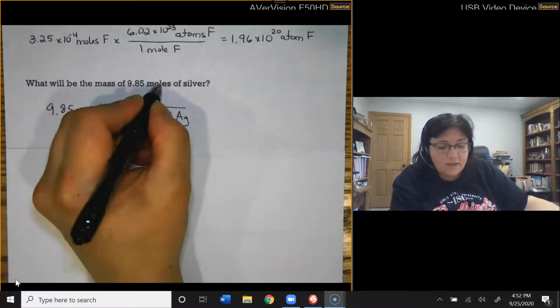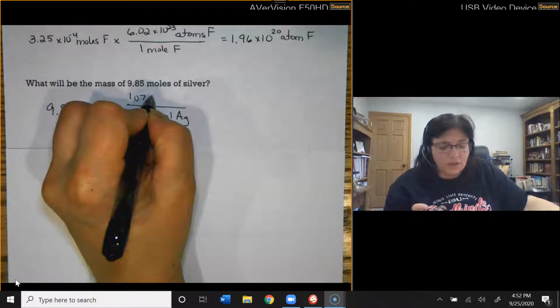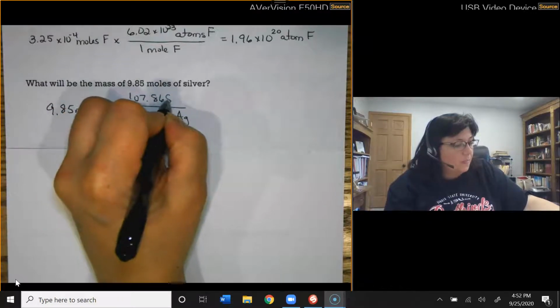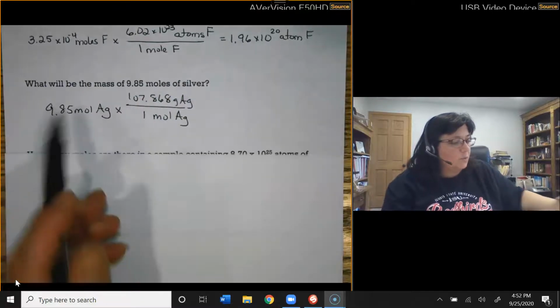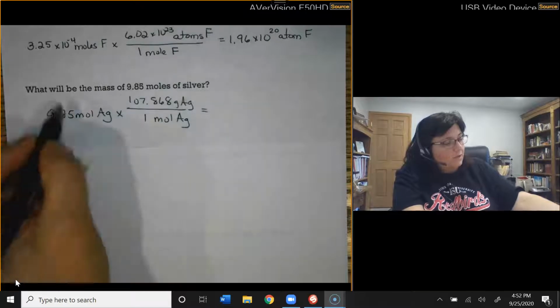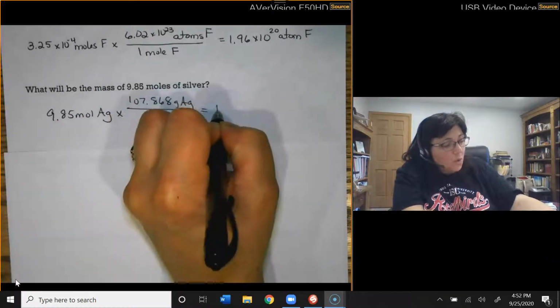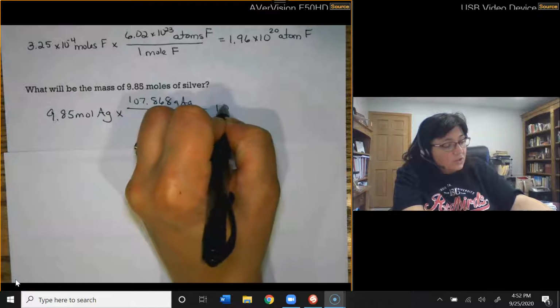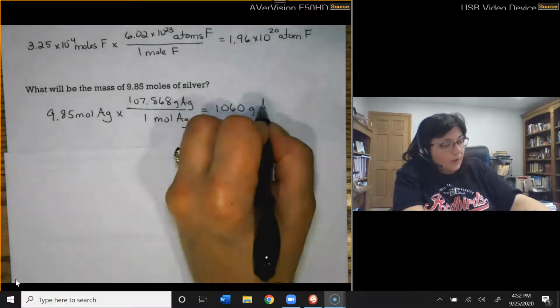So we said that it's 107.868 grams of silver. So the moles of silver will cancel out, and I'm left with grams of silver. Again, 3 sig figs means that my number is 1062, but for 3 sig figs I got to make it 1060, and that is grams of silver.